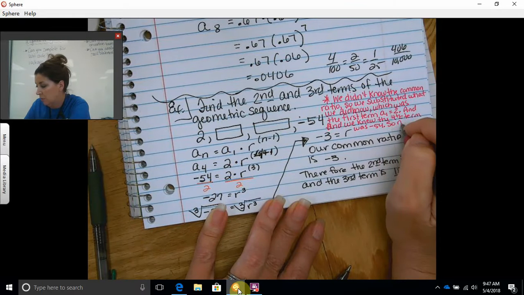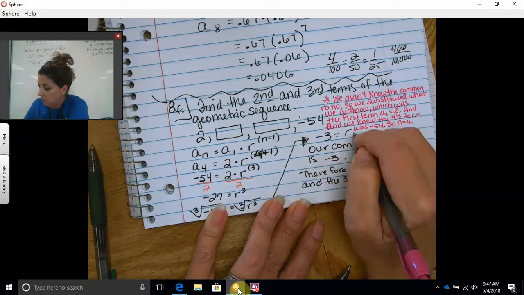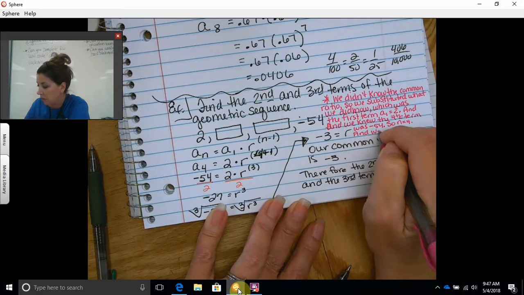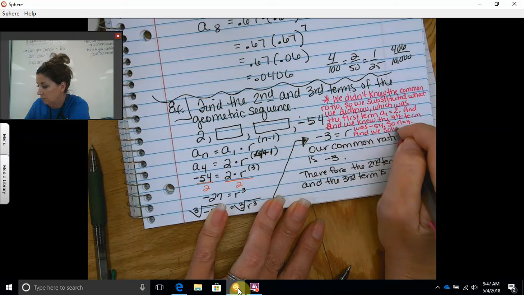So n equals 4, and we solve for r. Hopefully that made some sense.